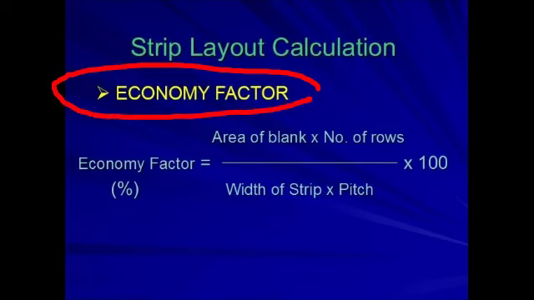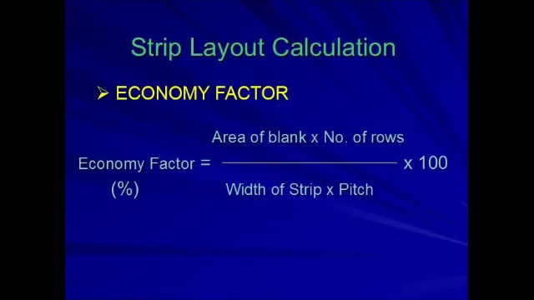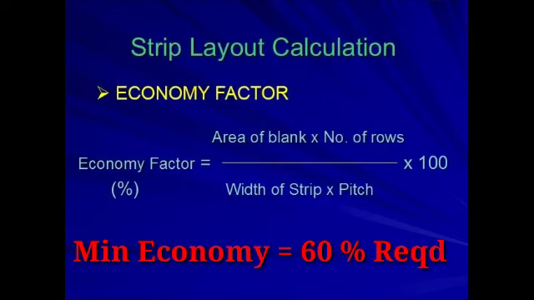Economy factor, that is capital E in percentage, is equal to area of blank multiplied by number of rows multiplied by 100 divided by the width of the strip, that is W, and pitch. This is the formula used to calculate the economy factor of the strip layout. A minimum economy of 60% should be considered.